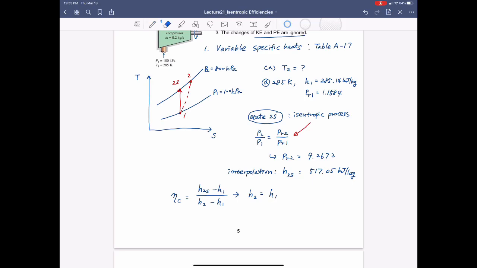Now H2 is H1 plus (H2S minus H1) divided by eta C. We have all these values H1, H2S, and eta C. So using this equation, now we know the H2 value, which is 575.03 kilojoule per kilogram.